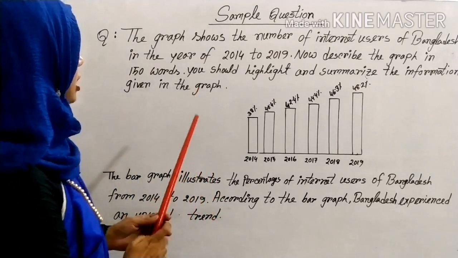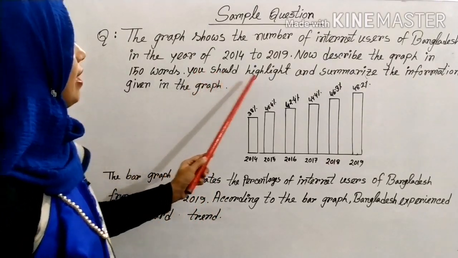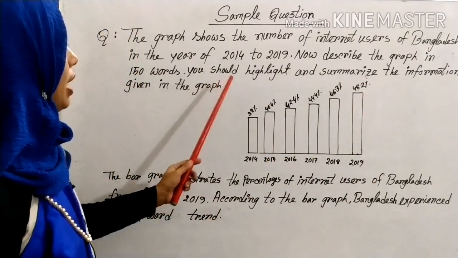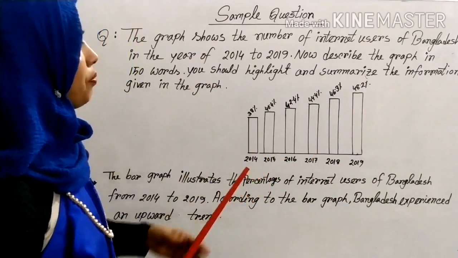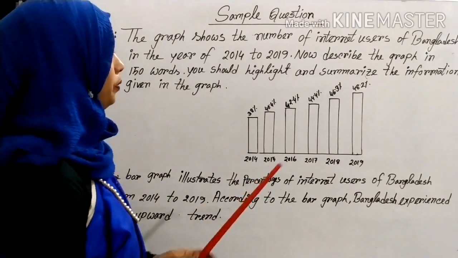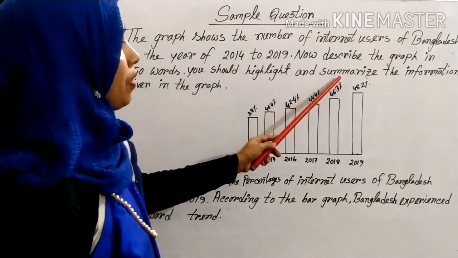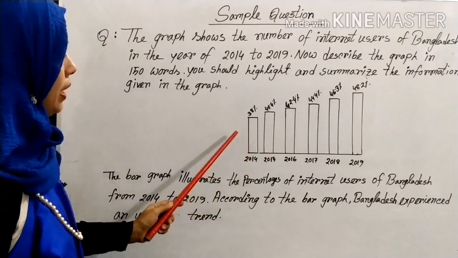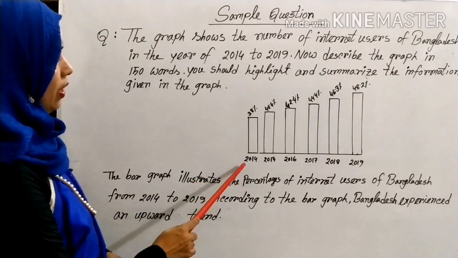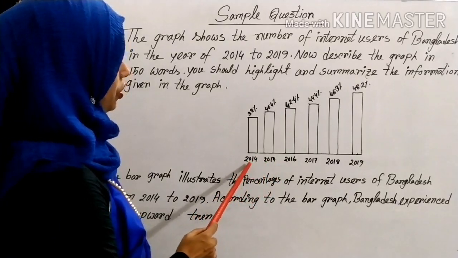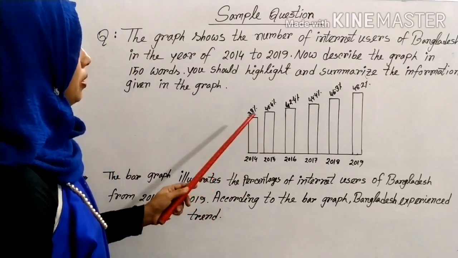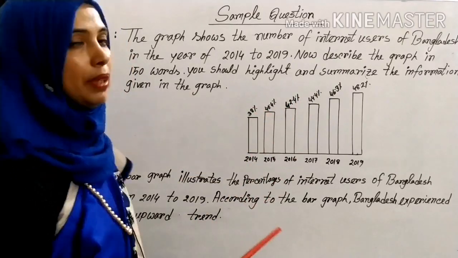Okay, now the next part of the question: you should highlight and summarize the information given in the graph. So you should highlight the information certainly, and also you have to summarize the information from the graph. Here from the picture you can see there are different years from 2014 to 2019, and also different percentages have already been mentioned.